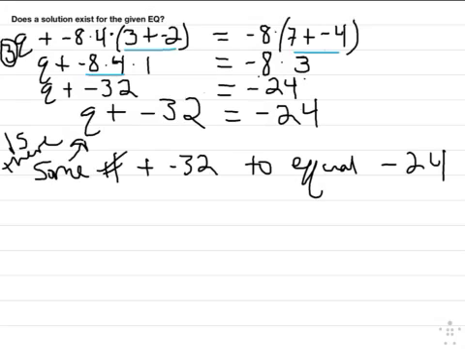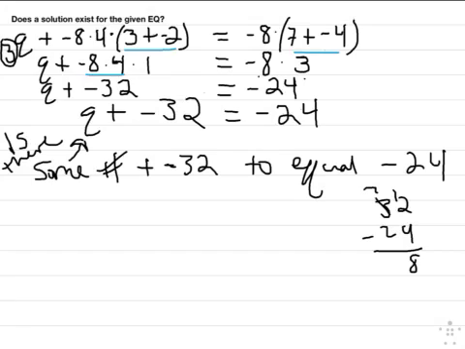How many solutions? Well, there's going to be exactly one number we can add to negative 32. And what is that number? Well, think about it like this. Take the difference here, and let's see what we have. So this is going to be a 2, that's going to be 12, 8.